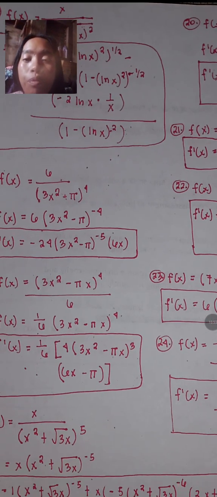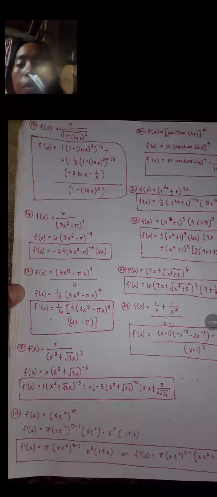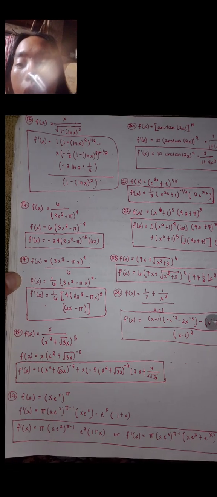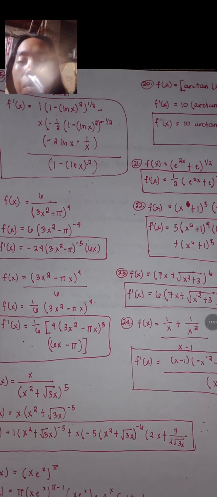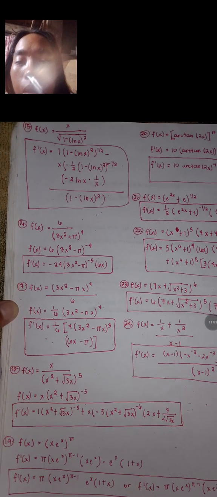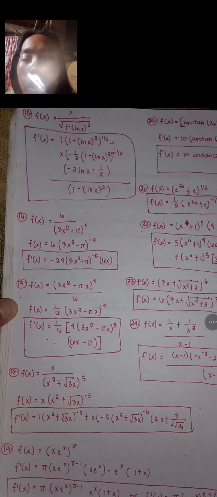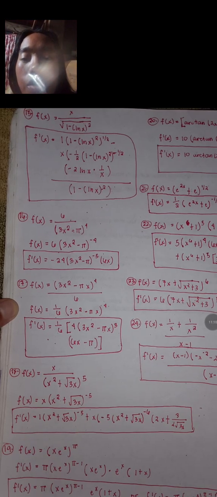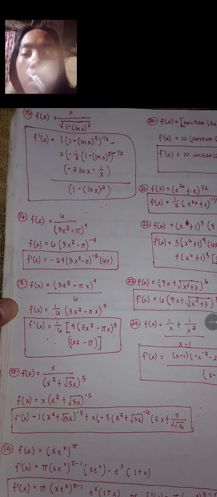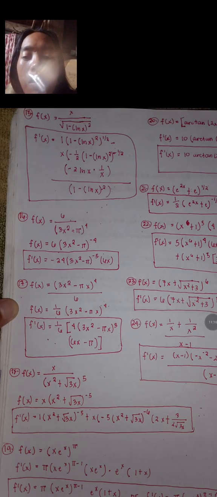Now, let's proceed to number 15. F of x is equal to x over the square root of 1 minus the quantity of ln x raised to 2.